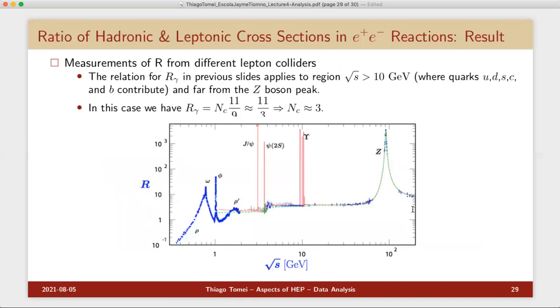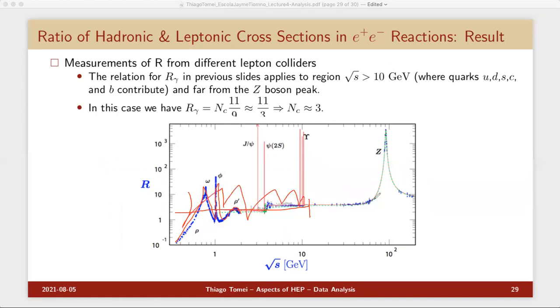If you actually do this, it turns out that if you disregard some resonant states from QCD, and you are in this region with square root of S above 10 GeV, so disregard all of this region, and you are under the Z peak, so you also disregard this region, the result is given by this number, which is more or less 11/3, if you do the fit, which gives you that the number of colors is 3.